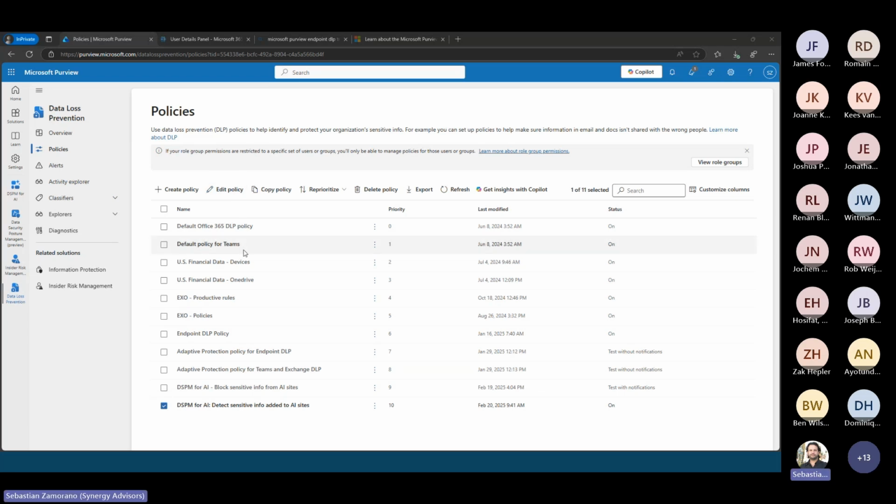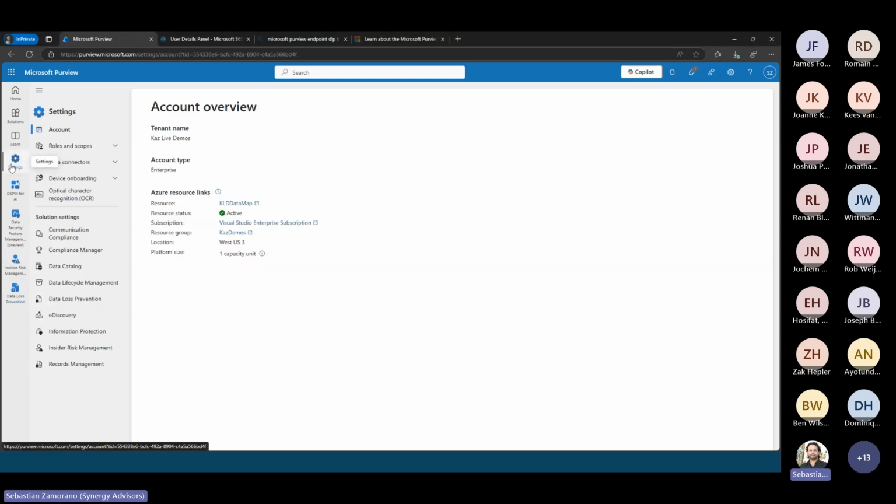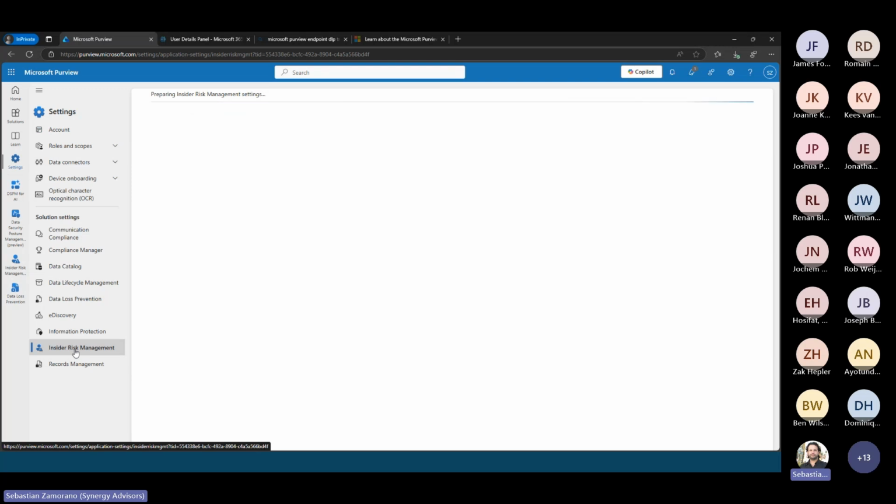Let's go to see some specific integrations. The first thing to start working with DSPM, we will go to DSPM, but first of all, we need to understand the different integrations. The first one is under insider risk management.